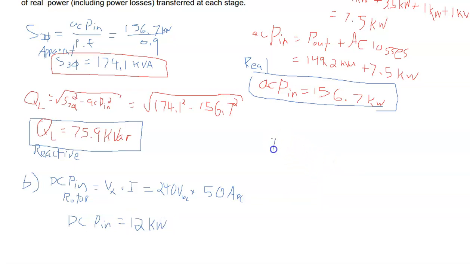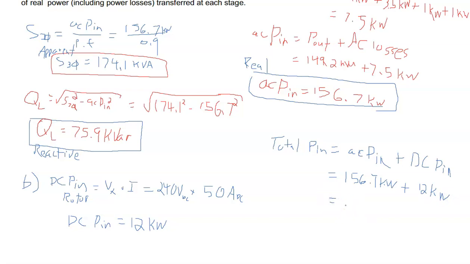So now we want the total power in, and that's simply the sum of the AC power in, of course, plus the DC power to the rotor. And the total power delivered to the motor then, 156.7 kilowatts plus the 12.0 kilowatts.